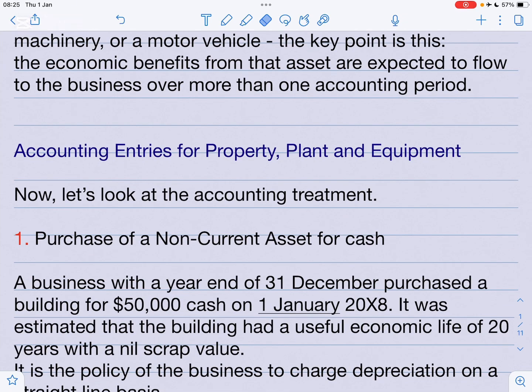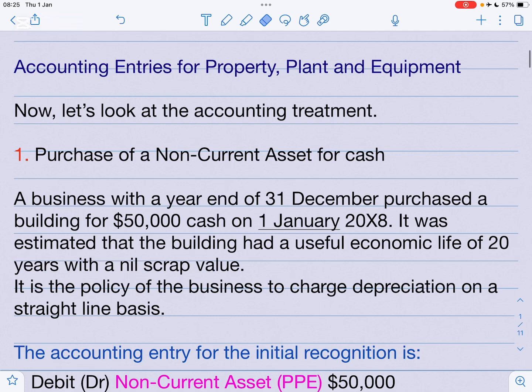Accounting entries for property, plant, and equipment. At this point, we're looking at the initial recognition, the recording of our non-current asset acquisition. And the first situation is when a business has purchased a non-current asset for cash.